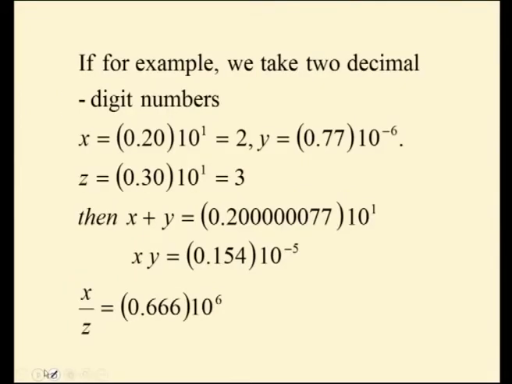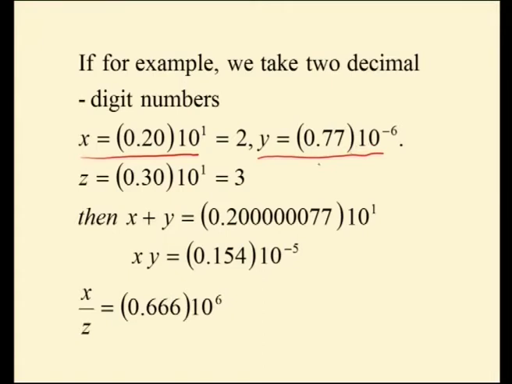Taking another example, if we take two decimal digit numbers x is equal to 0.20 into 10 to the power 1, it is actually 2, and y is equal to 0.7 into 10 to the power minus 6, and z is equal to 0.3 into 10 to the power 1 is equal to 3. It is actually 10 to the power minus 6.